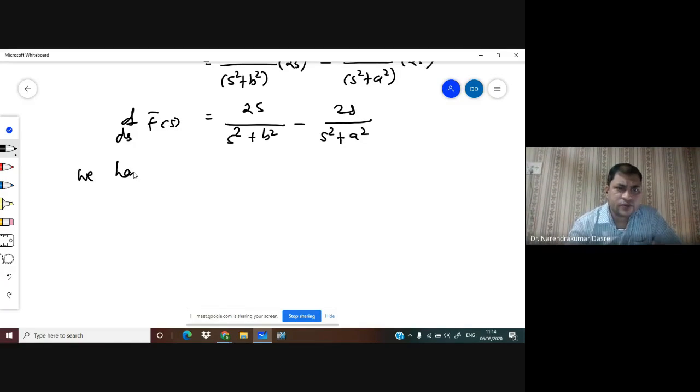So we have inverse Laplace transform of d by ds of f bar of s.